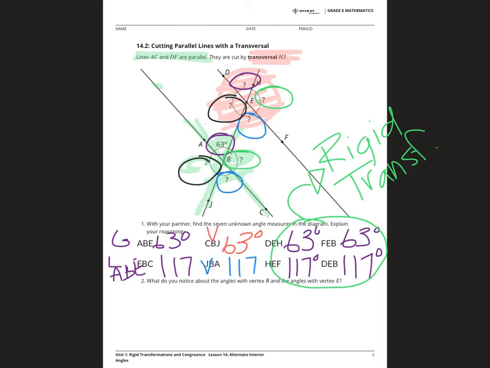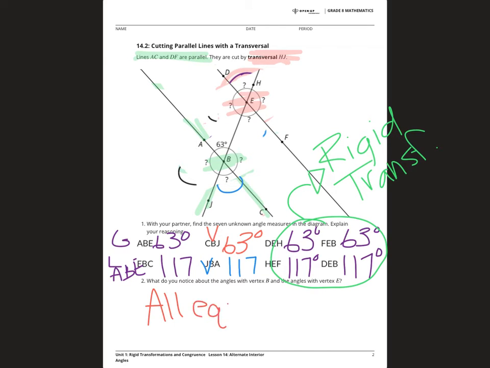So if you look under all of my writing, here's your vertexes. So we have vertex B right here, and we have vertex E up here. And you should notice that they are all equal.